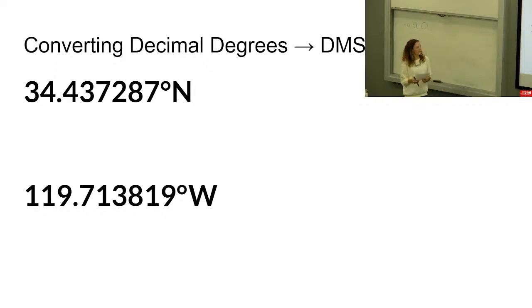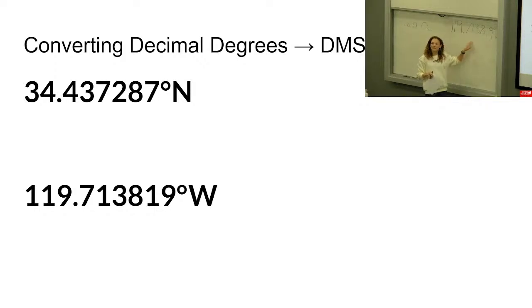Okay, so now we're working with our longitude. So I'm going to write it on the board, 119.713. Don't forget your direction. Okay. Remember, think back to what we're doing.